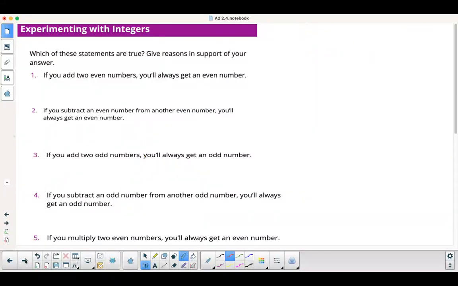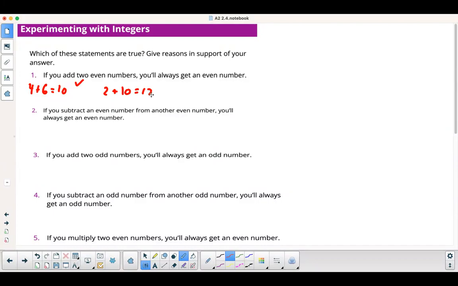All right, so let's go through these and see if we have closure here. Which of these statements are true? Give reasons and support. If you add 2 even numbers, you always get an even number. I'm going to try a few of them and see if it works. Even plus even equals even. That worked. Let's try another one.